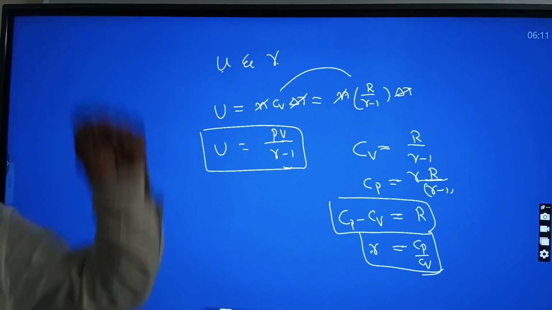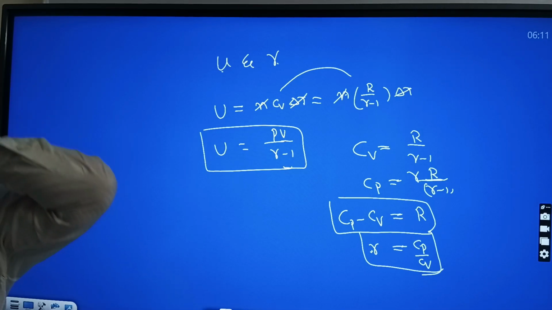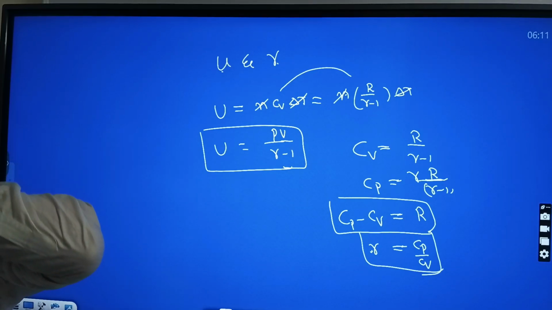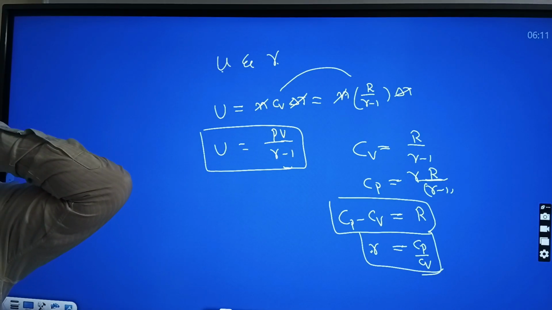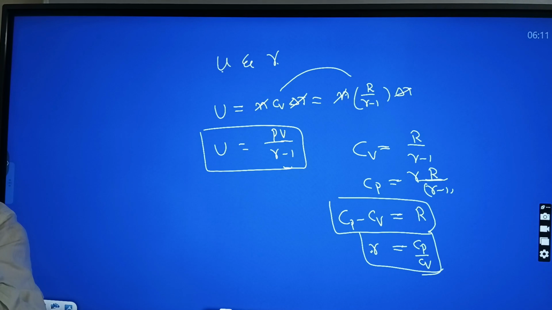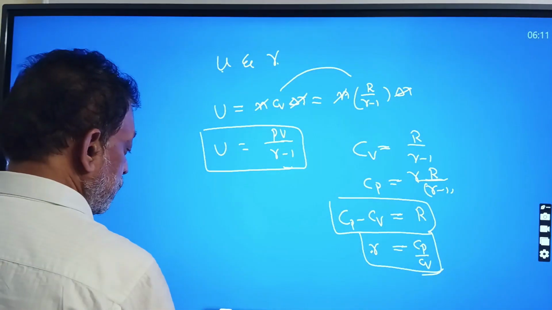Whenever heat is converted into mechanical work, or mechanical work is converted into heat, then the ratio of work done to heat produced always remains constant.